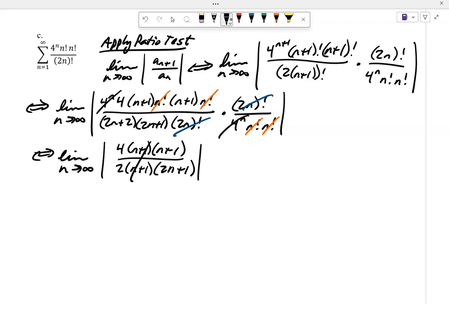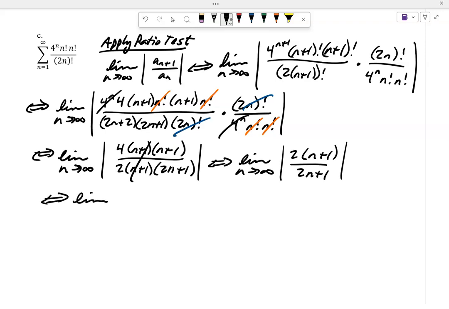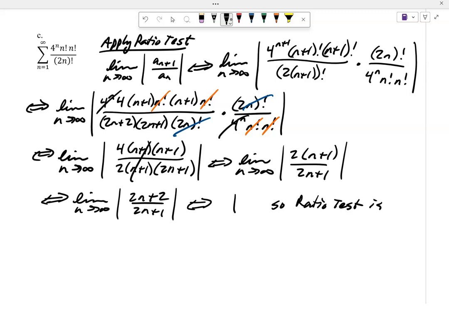Notice my n plus 1s cancel. So we got the limit as n goes to infinity, I got 4 over 2, times (2n+2) over (2n+1). I divide everybody by n, and I get 2 plus 0 over 2 plus 0. So I got 1. So, dang, the ratio test is inconclusive.